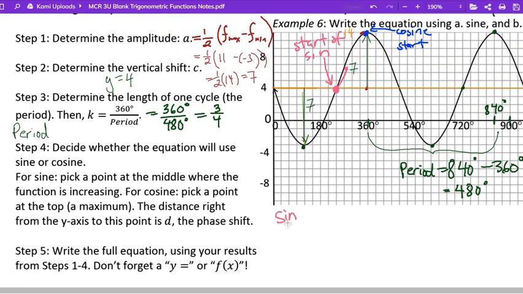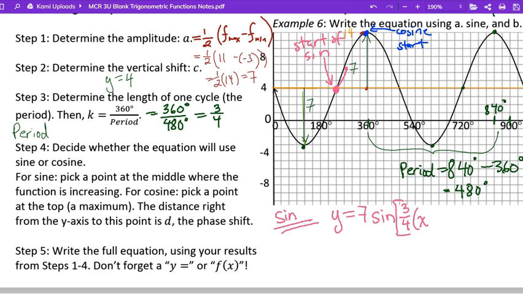So let's start off with the sine function. Y equals, what's my A? My A is 7. Sine, because we have a K value, we need double brackets. Now I need to think about the phase shift. For sine, my function has shifted to the right.